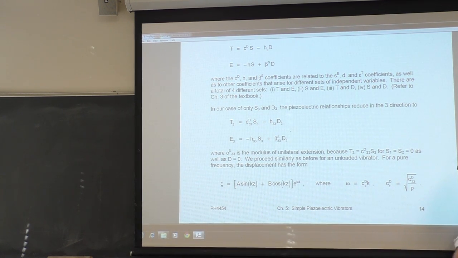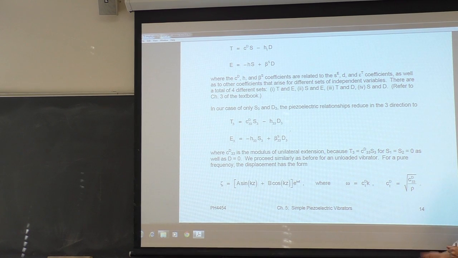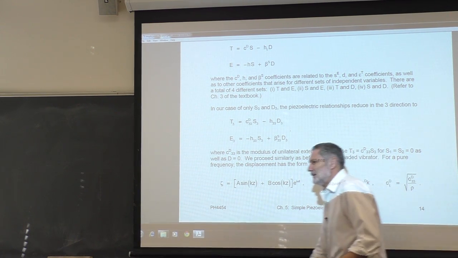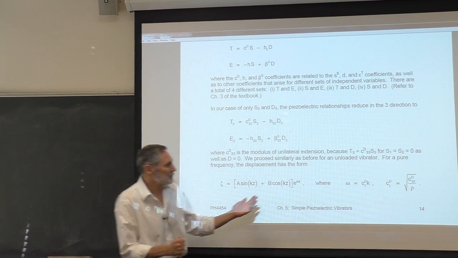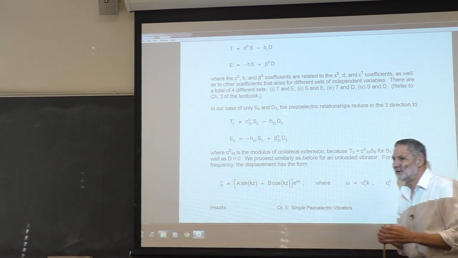So there really should be an L here if we want to be consistent with that notation. But as long as you understand the physics, there's no problem. We're talking about compressional waves here.